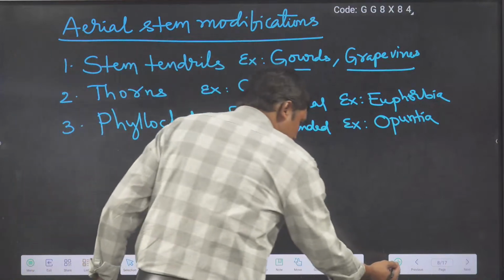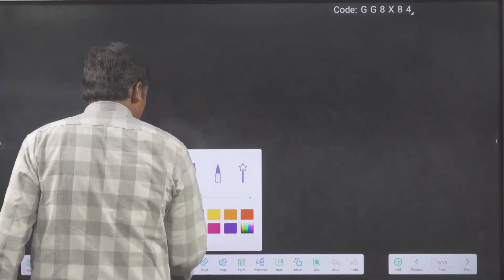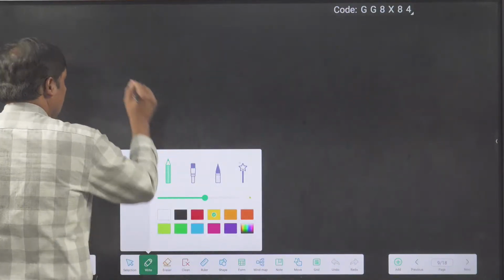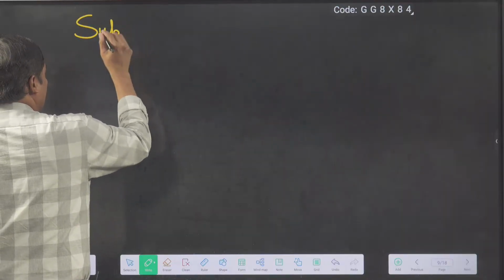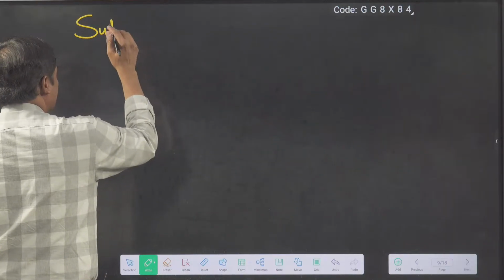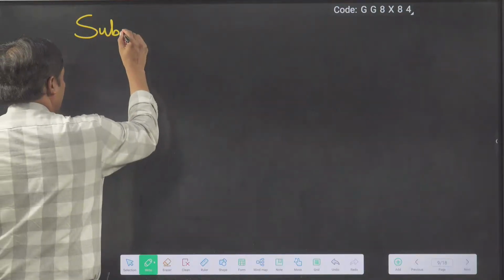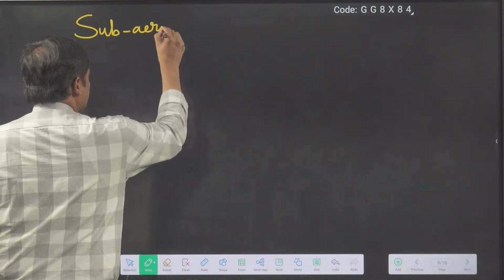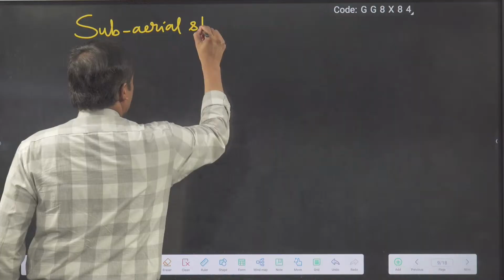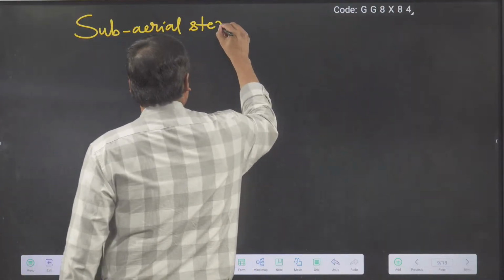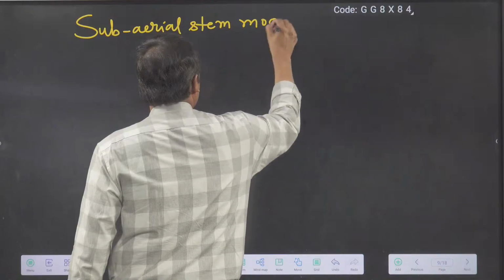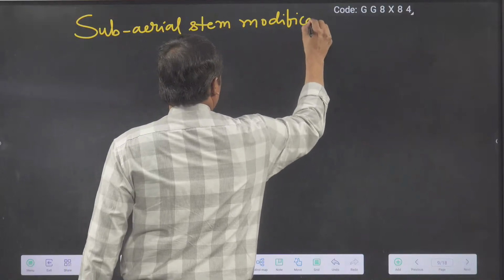And finally, subaerial stem modifications. I told you already, if a stem is partly underground and partly aerial, they are called subaerial stem modifications. Subaerial stems and the modifications in them are called subaerial stem modifications. Okay?